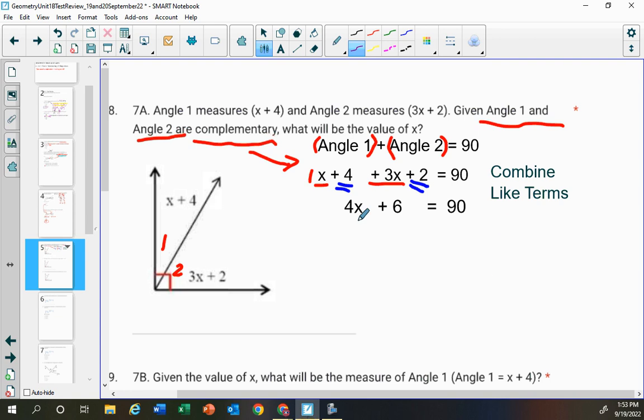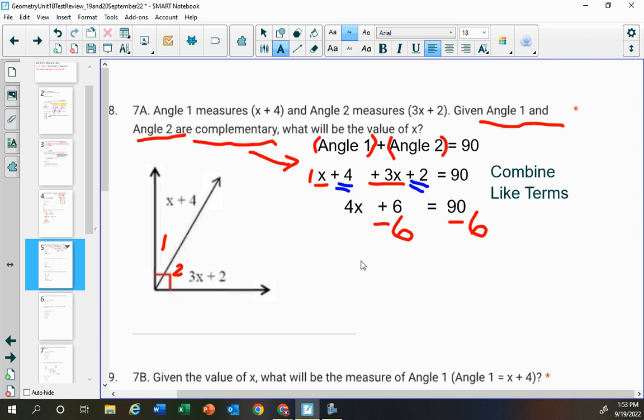Now, 4x plus 6 equals 90. What's our next step to get the x by itself? Minus 6. You see what Brooklyn's doing there? So then we have 4x.